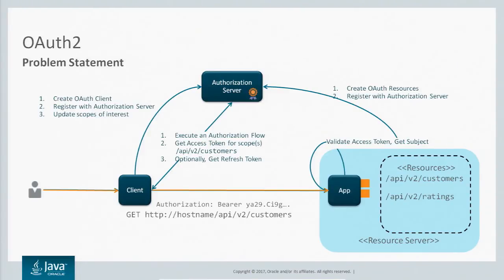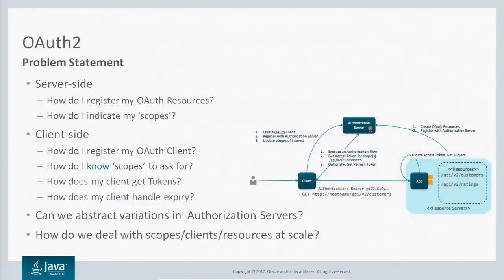The server needs to validate that token and get the subject. And then it also needs to think about, okay, so now I've validated the token, how do I represent that internally, and how do I model the access grants that are implied by the scopes in the token, given who I'm talking to.